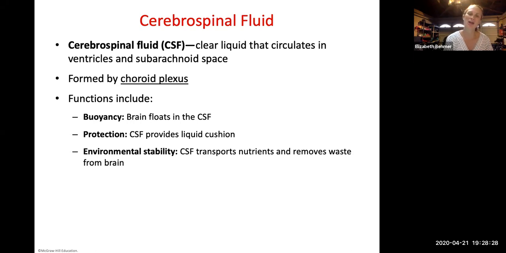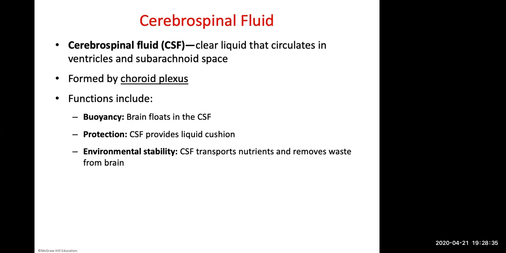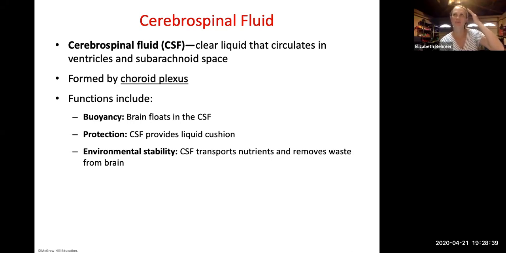If you were to bang your head up against the wall, it helps to provide a liquid cushion. The brain itself would be banging up against a layer of liquid first, because remember, cerebrospinal fluid is in the subarachnoid space as well. And then it transports nutrients and removes waste from the brain. So it helps to keep everything stable. So those are functions of CSF.